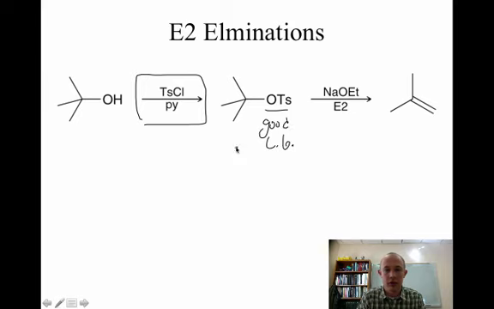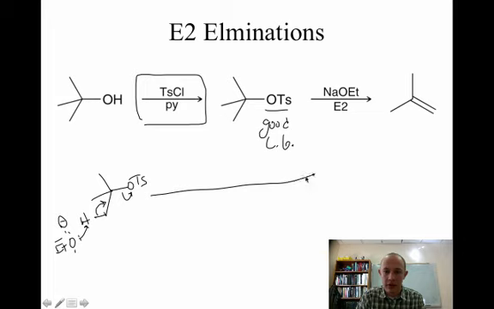And then treatment with a strong base. Remember, the mechanism of an E2 reaction is that we pull off the hydrogen, we form the double bond, the leaving group leaves all in one step, which gets us to our elimination product.